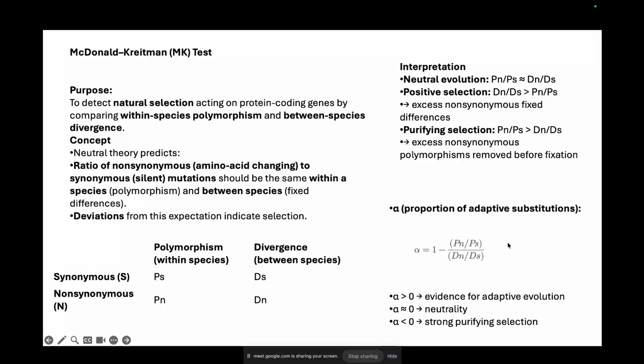Equal to or close to zero is neutrality, and if it is much less than zero, it is purifying selection, sorry, negative selection. So this is the general MK test. This is the formula. Small problems might come in your exam related to this formula, so please keep it in mind.